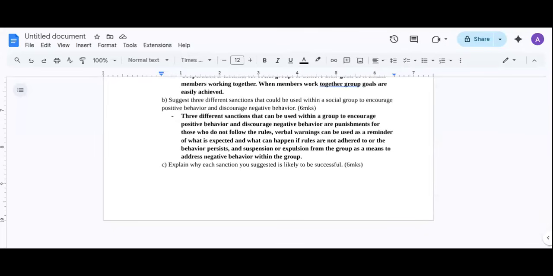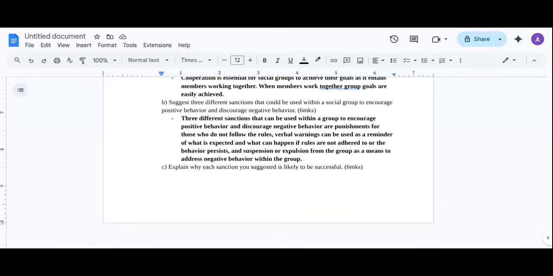So, encourage positive behavior as the person would really understand that, hey, I was wrong in this situation, and it will more like encourage them to do better as an individual and discourage the mistake that they would have made. That's how suspension or expulsion, right? Yes. All right.